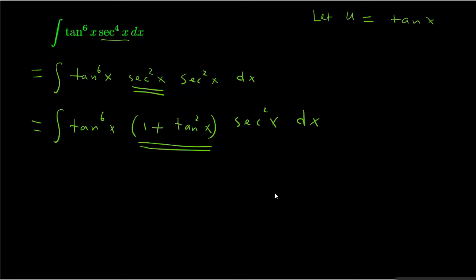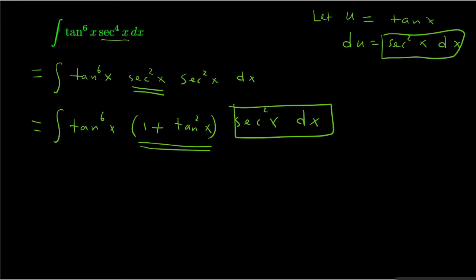The reason is the derivative of tan of x is secant squared of x. Now your imaginary box is here. Imaginary box is here. Right?